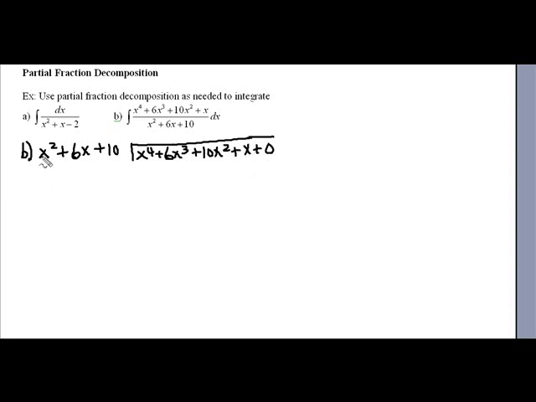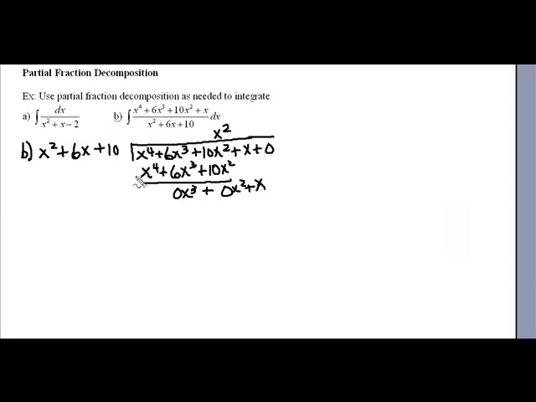Now dividing x squared into x to the fourth gives us x squared. Put it over the proper term. Distributing, we have x to the fourth plus 6x cubed plus 10x squared. Subtracting, we get a 0x squared and a 0x cubed. And we bring down an x.